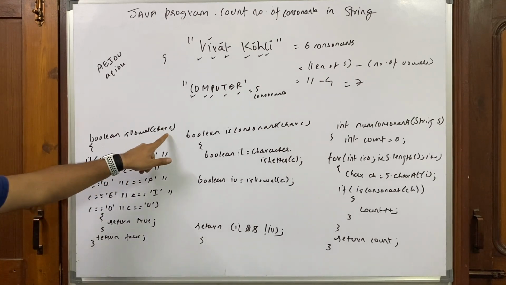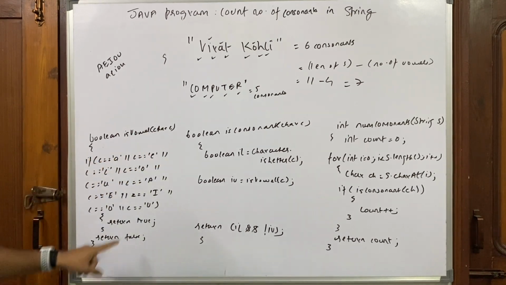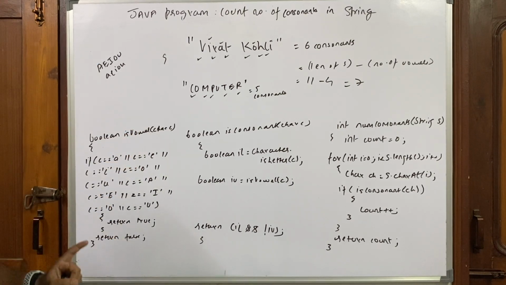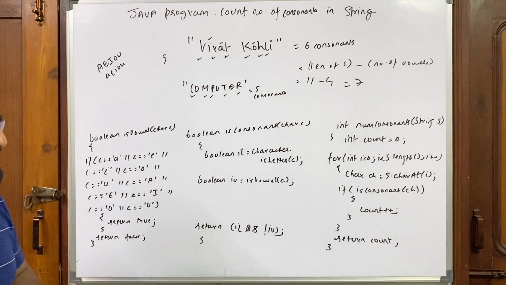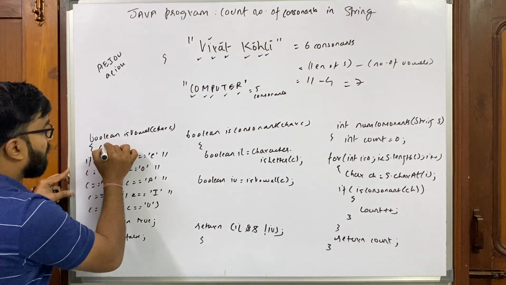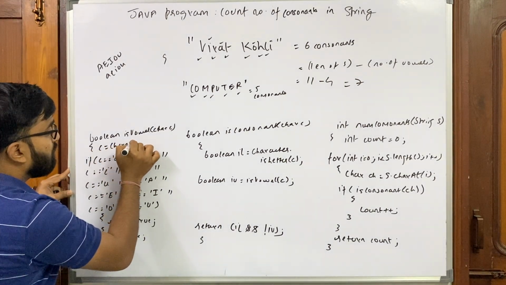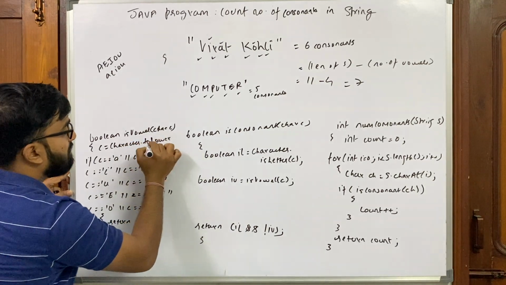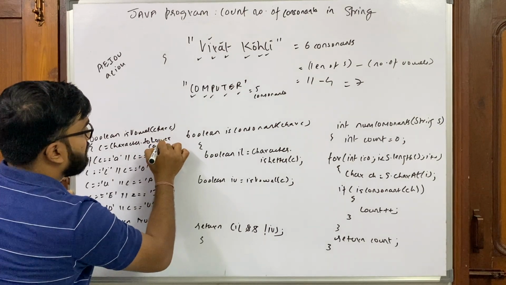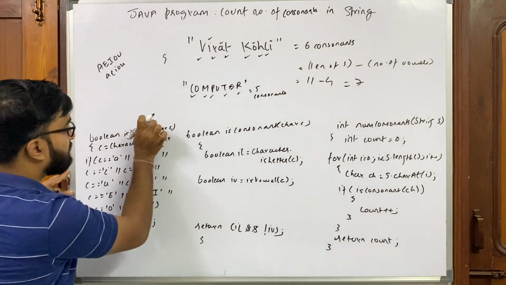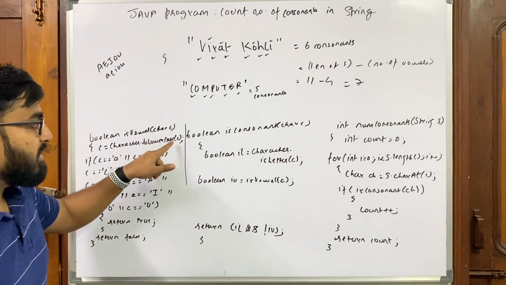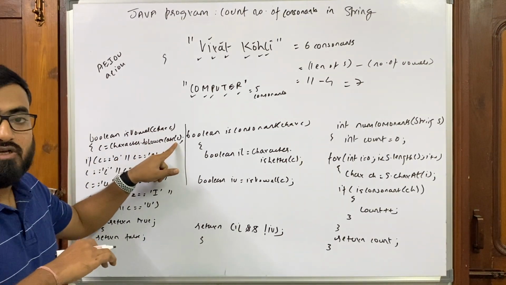So if the condition is true, C is one of these, it means C is a vowel, so you return true, otherwise you return false. This is the most basic way to do this. You can optimize this by converting C to lowercase. I do that by using a helper function, toLowerCase of C. toLowerCase takes a letter and converts it into its corresponding lowercase.